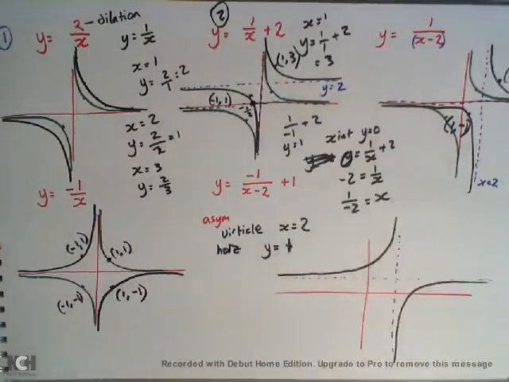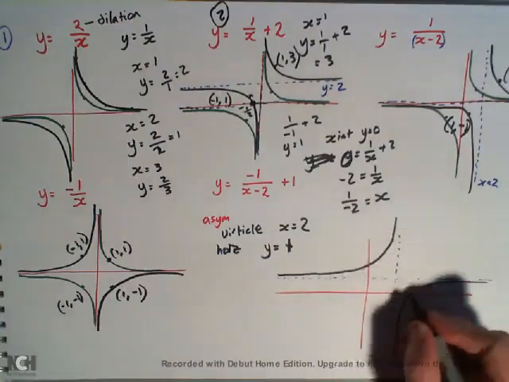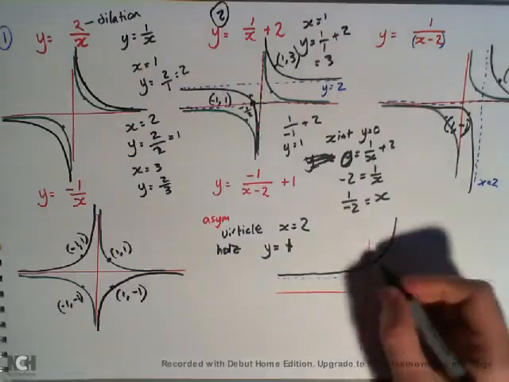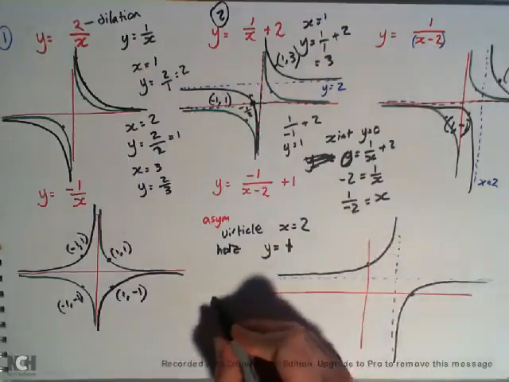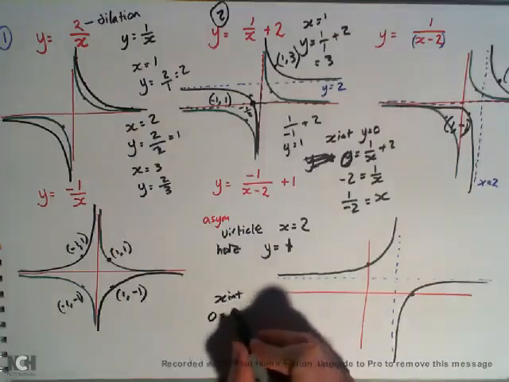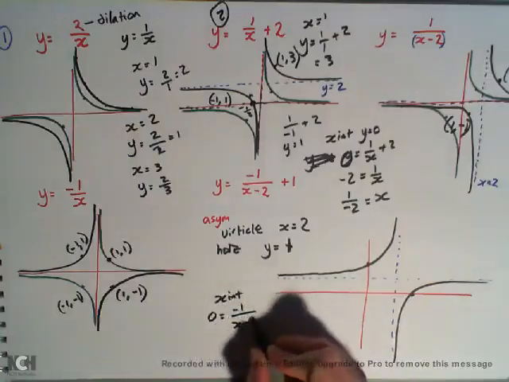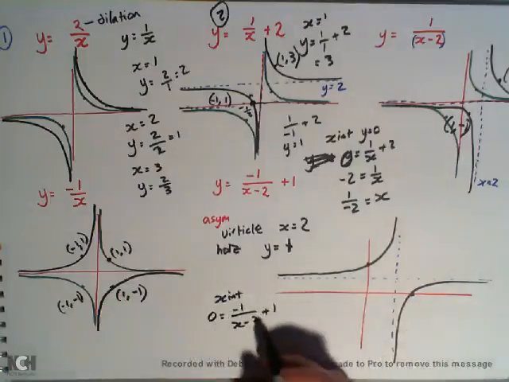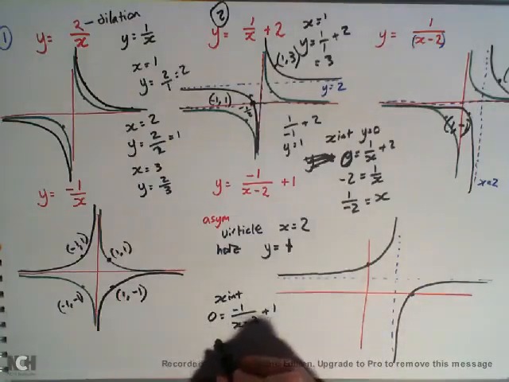And if you notice, we get some intercepts as well. So we want to label that one and that one. So x-intercept, y equals 0. We get 0 equals -1 over x take 2 plus 1. Bring those across.